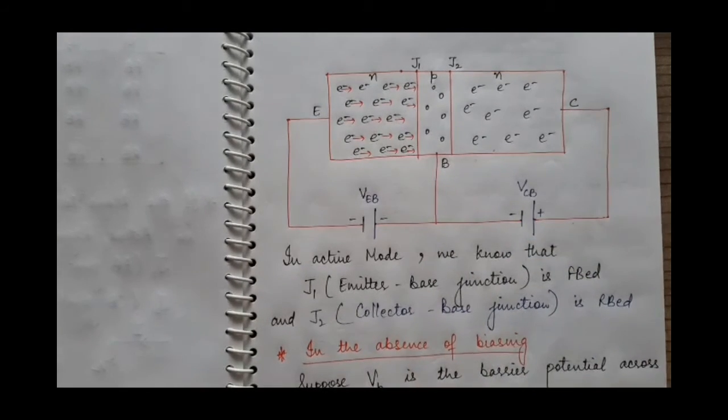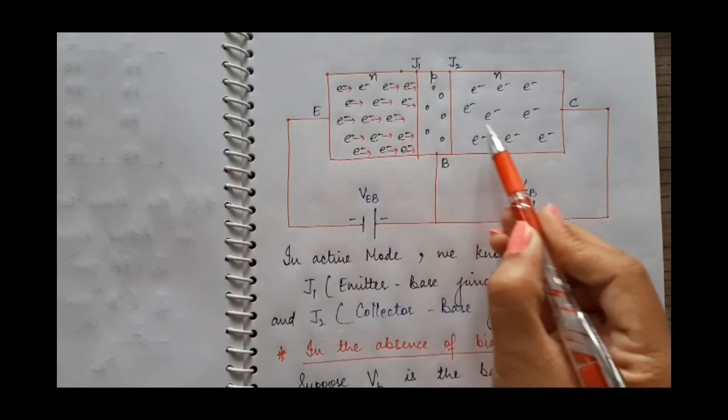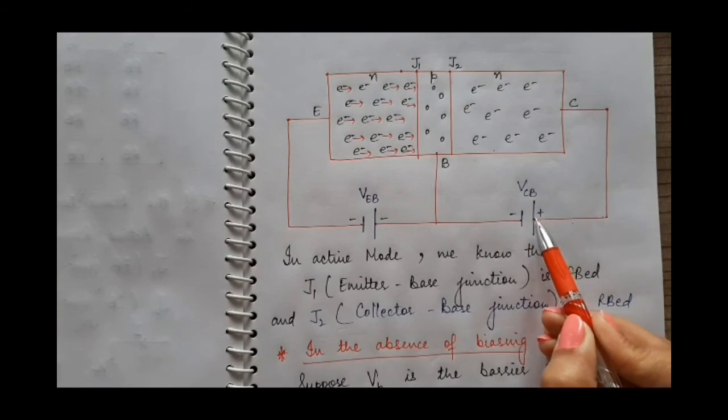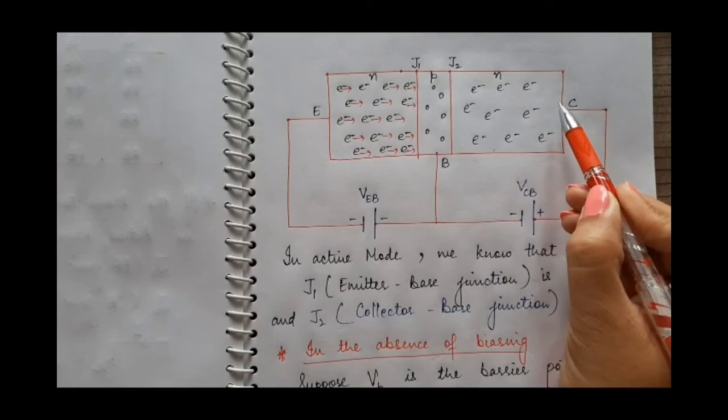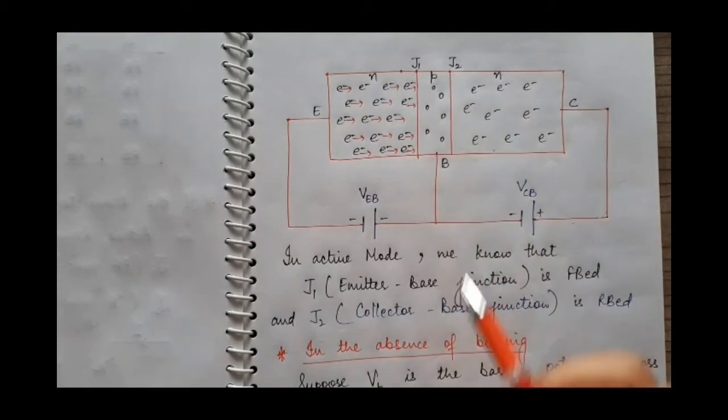So what will happen to the remaining electrons? Because they have very high velocity and kinetic energy, they will diffuse through the base and enter into the collector region. Why? Because they are suffering attraction from the positive terminal of the reverse biasing which we have applied at the junction J2.